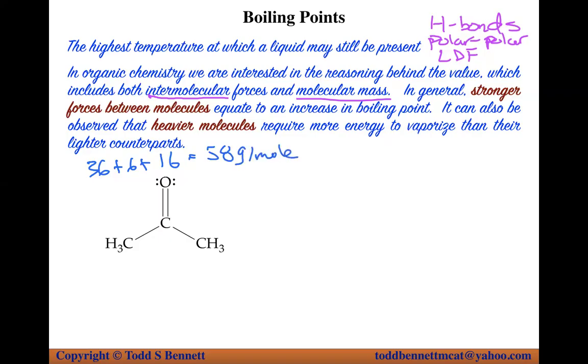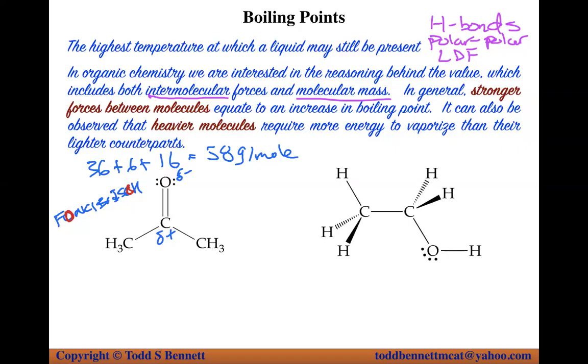Okay. And I need to point out that it has a delta plus and a delta minus because of Funkelbrich, where O is more electronegative than C. So O is going to take the electron density, make delta minus, delta plus. So it is polar and it has a mass of 58 grams per mole.